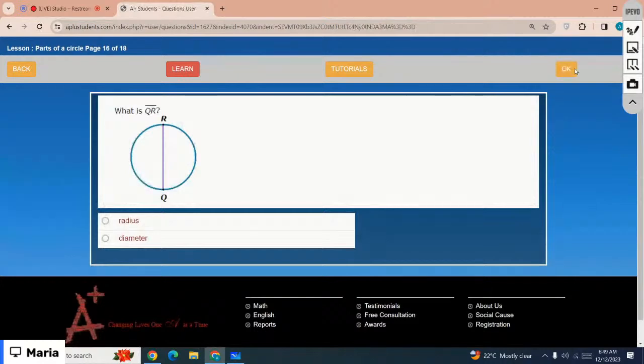What is QR, which is the correct option? Radius or diameter? QR is the diameter of the circle.